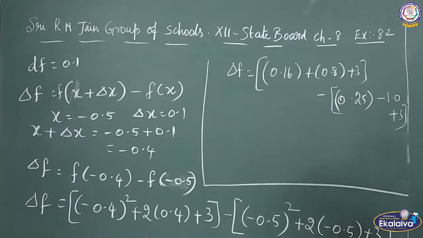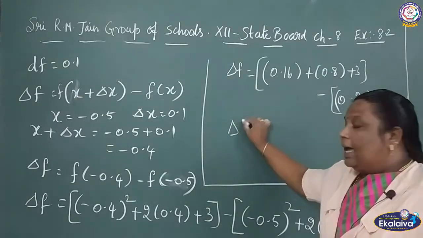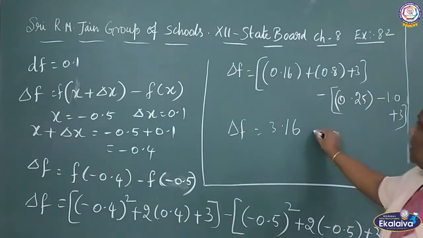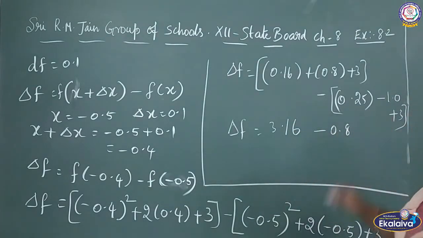When we simplify, what is the answer you are getting here? Delta f equal to 3.16 minus 0.8, minus 2.25.